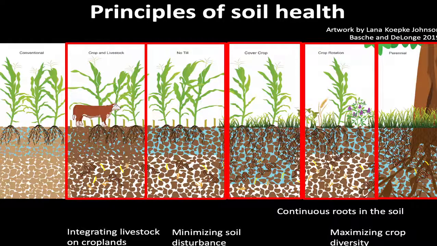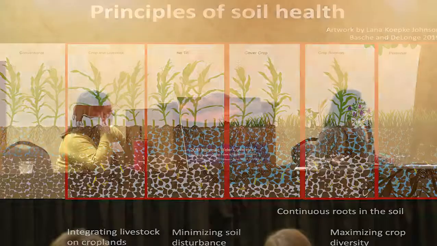We know that means increasing the diversity of plants that we're growing above ground, so crop rotation. And then doing things like cover crops and perennial crops that offer continuous roots in the soil. So I like to look at the principles because we're thinking about principles, we're not just talking about prescribed practices, right? So those are the principles here of soil health.